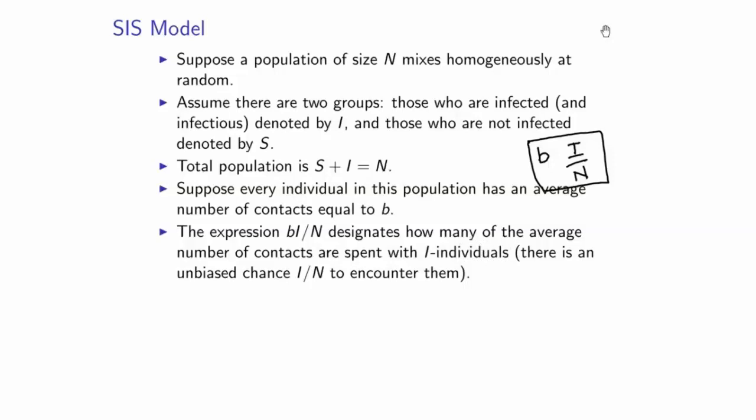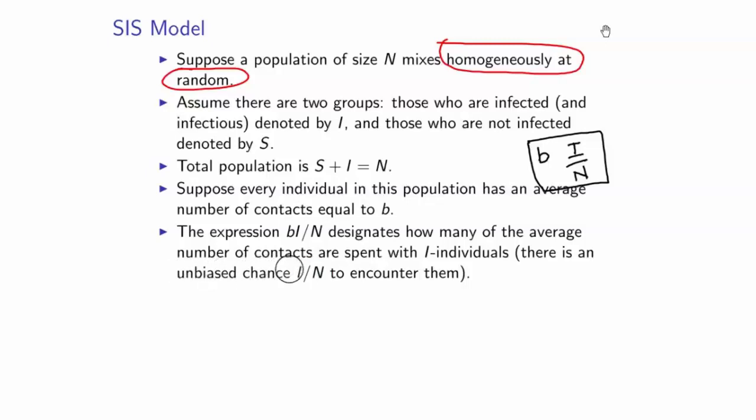Another note here is that we are assuming homogeneous random mixing, right? We're assuming random, but when we say random here, we mean uniformly at random. Uniformly at random means unbiased, right? So having this term I over N is also not a coincidence. That is exactly consistent with the assumption of unbiasedness.